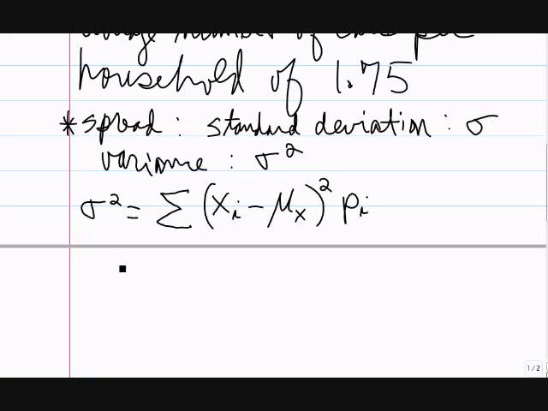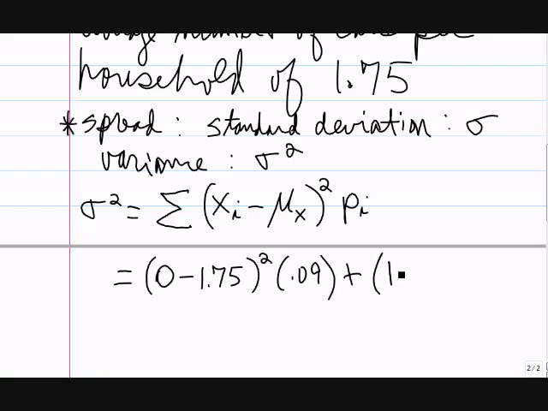Okay? So in the example we had, you could have 0 cars. What was our mean? Oh, 1.75. Square that. Multiply that by 0.09. Add to that, you could have 1 car, and that was 36.